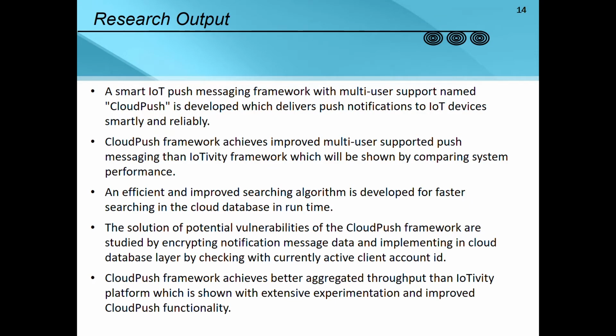Then an efficient searching algorithm in cloud will be developed, and the solution of potential vulnerabilities that arise implementing CloudPush framework. And CloudPush framework achieves better aggregated throughput than IoT framework, which is shown with extensive experimentation and improved CloudPush functionality.